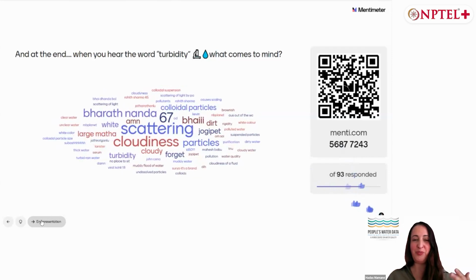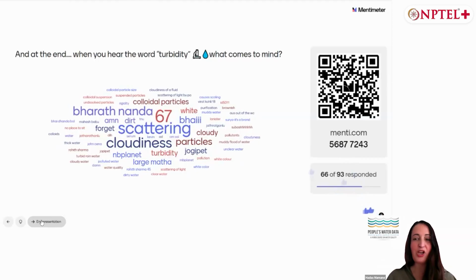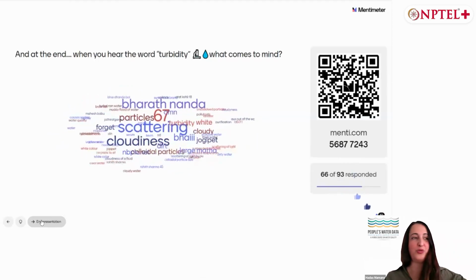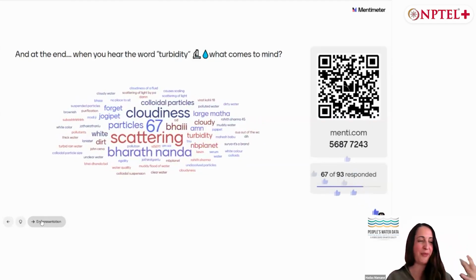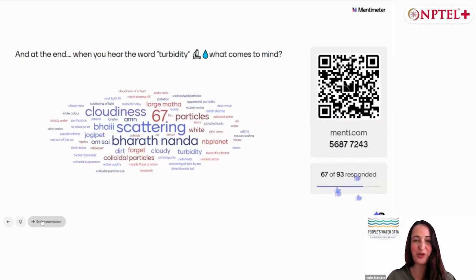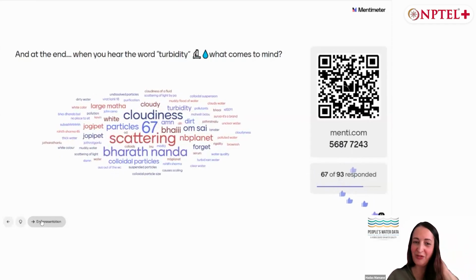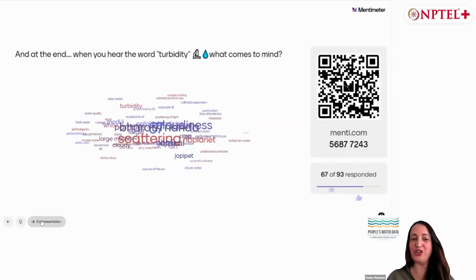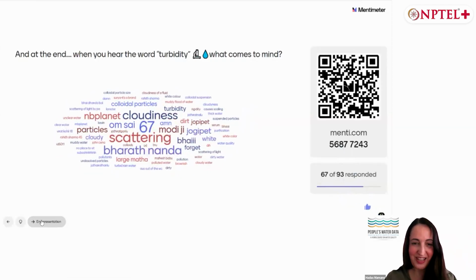Also, you presented another word, which is cloudiness, because we know that if we go to water after flooding, or for example, when we mix water with particles, the water can look cloudy. So cloudiness is also another word that can represent this scattering.